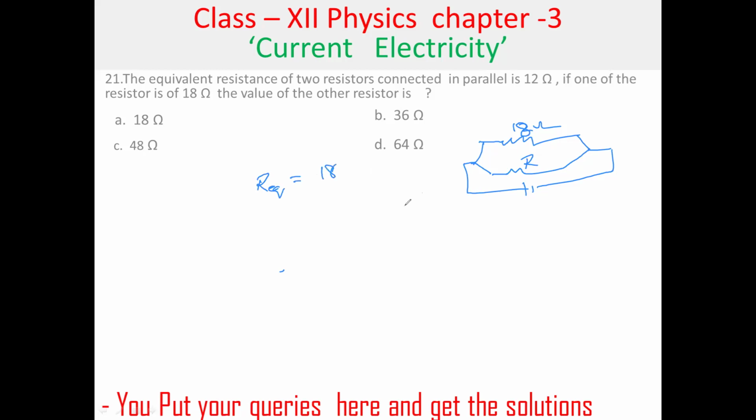In case of parallel, we know that 1 by R equivalent equals 1 by 18 plus 1 by R. R equivalent is 12, not 18.